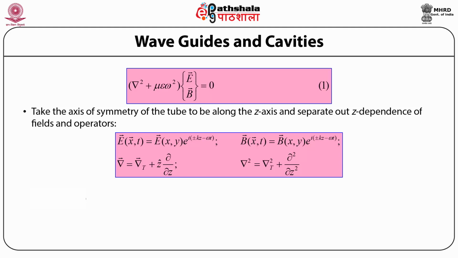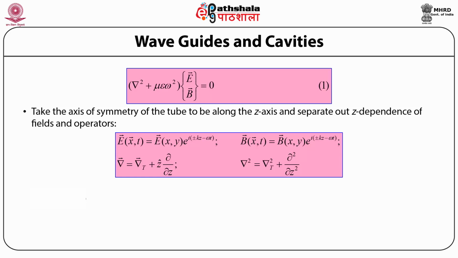The del operator can also be written in terms of the z component and the transverse component, given as del vector equals del vector subscript t plus unit vector z times del by del z, where del vector subscript t denotes the transverse component, or the component lying in the xy plane.